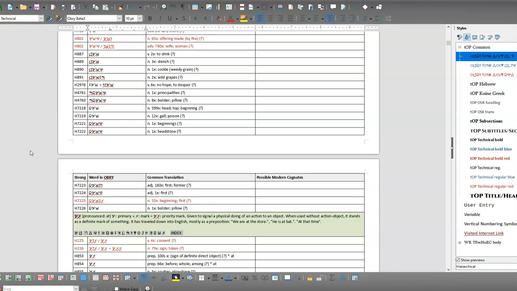Rosh Hashanah, the head of the year. It is interesting that Rosh Hashanah happens 6 months after the actual first of the year. The actual first of the year is back in the spring, right before Passover. Rosh Hashanah is 6 months later, not the first of the year. Keep that in mind too.